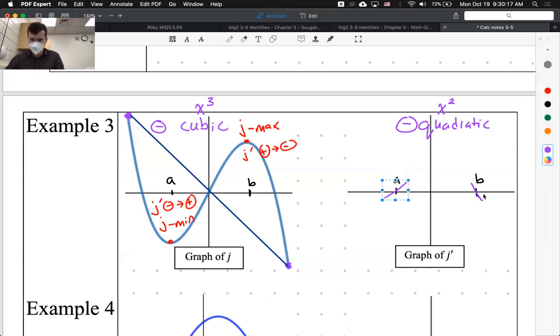Those were helpful for now, but now that I have more analysis out of the way, I can say my quadratic is a parabola that looks like this. I could do better, but there's my negative quadratic, and it has to go through those A and B.